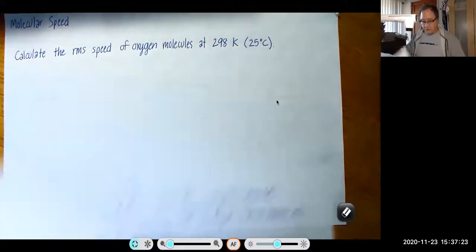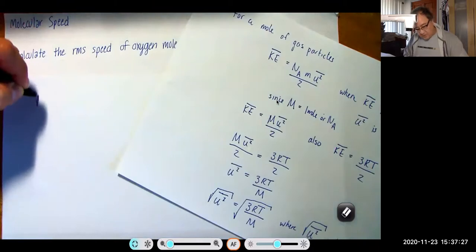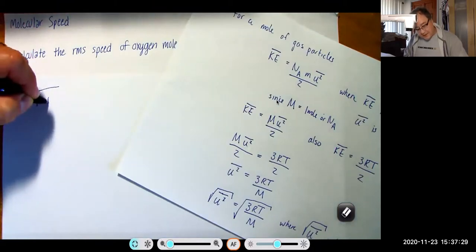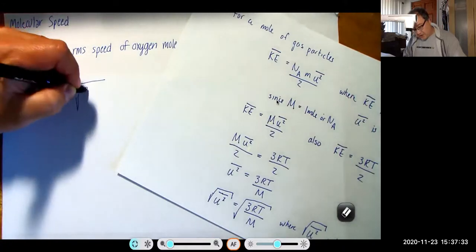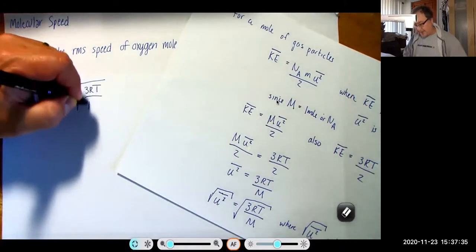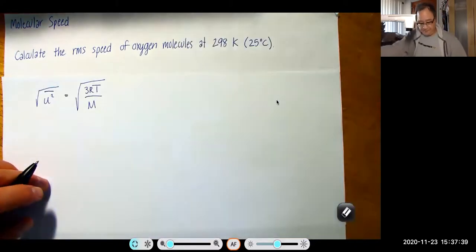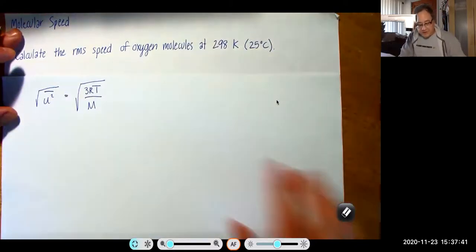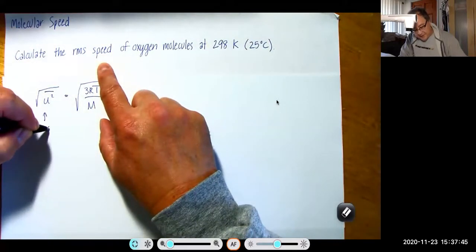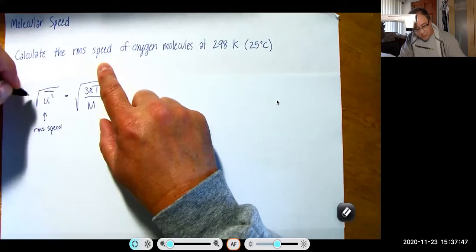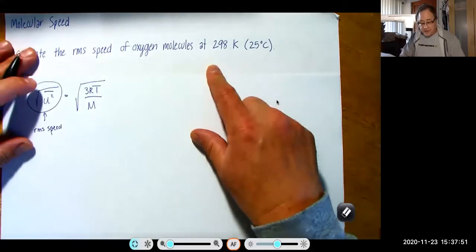We're going to use this formula here where the root mean square speed is equal to the square root of 3RT over the molar mass. So that's the formula we're going to use for this one. Calculate the RMS speed, that's this whole thing on the left, of oxygen molecules at 298 K.